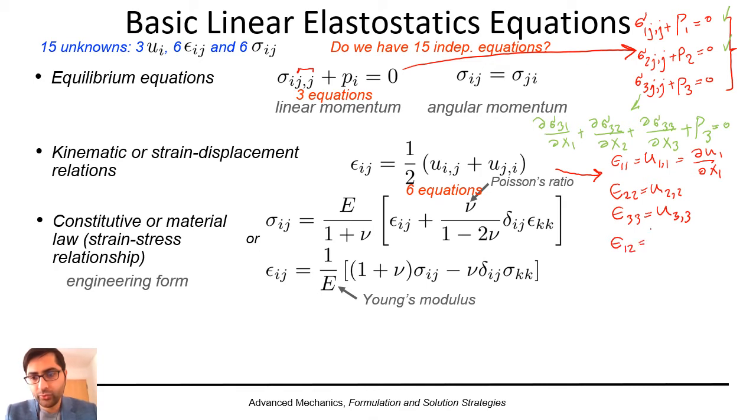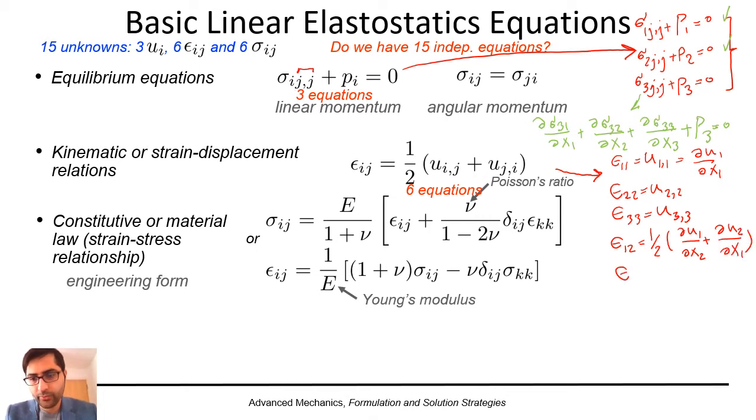epsilon_12 is equal to 1 divided by 2 times partial u1 over partial x2 plus partial u2 over partial x1.